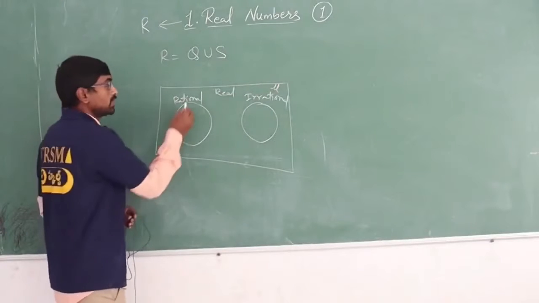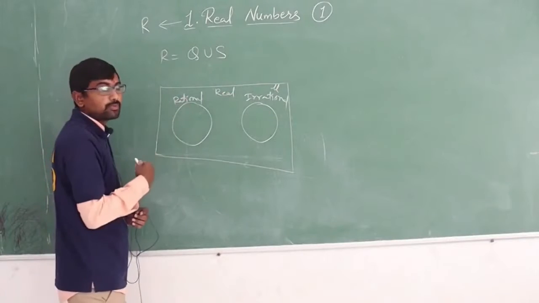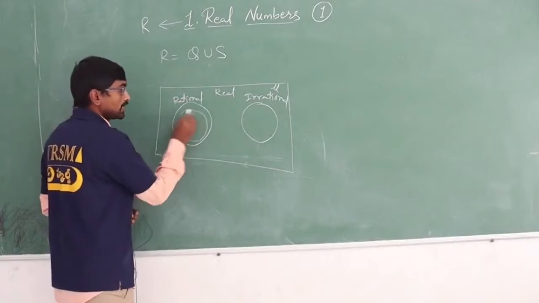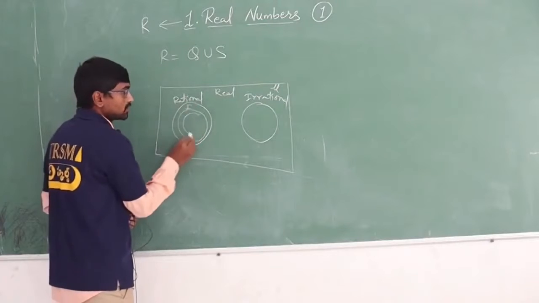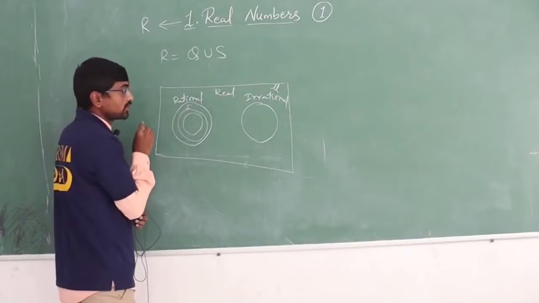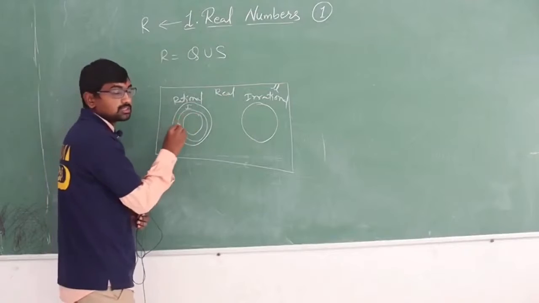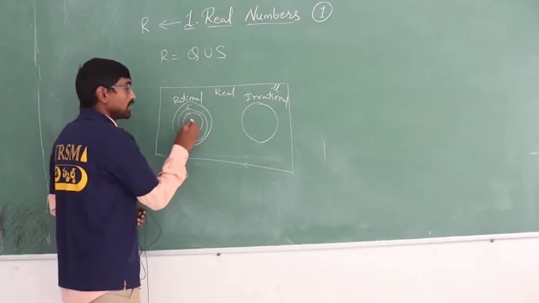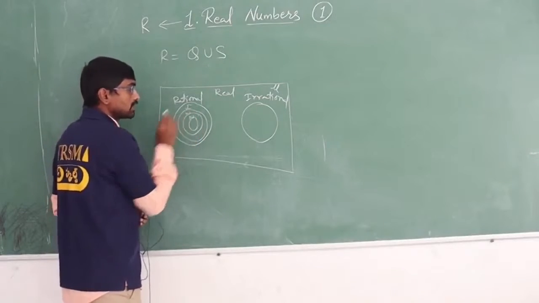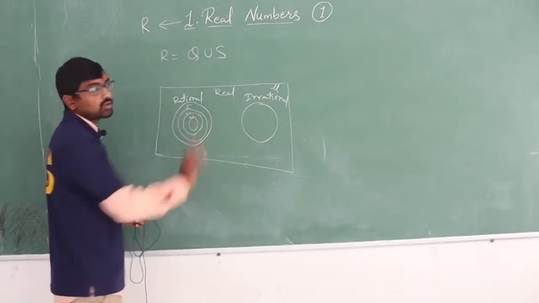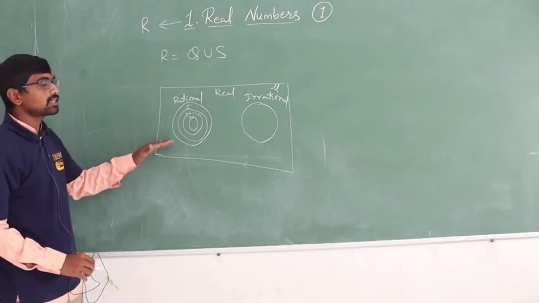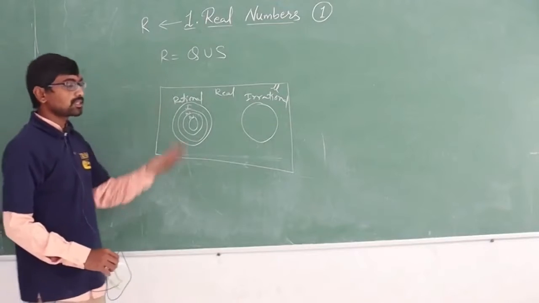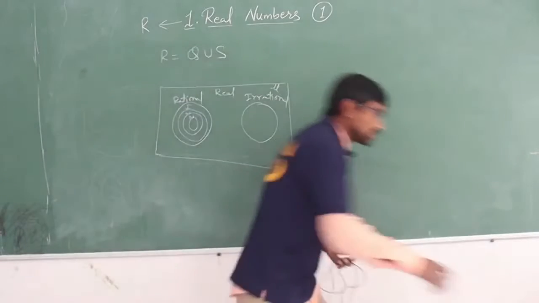What is a rational number? It can be written in the form of p by q. So these are integers. Again, we have a subset of integers. What is the subset of integers? Whole numbers. Again a subset will be natural numbers. This is how we draw the Venn diagram for real numbers. We will discuss this in the next chapter, that is sets.